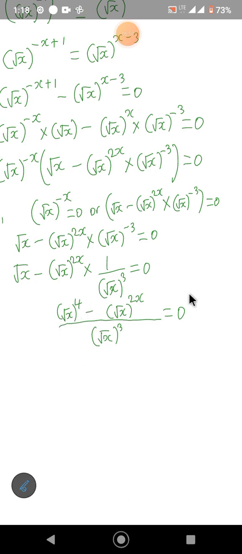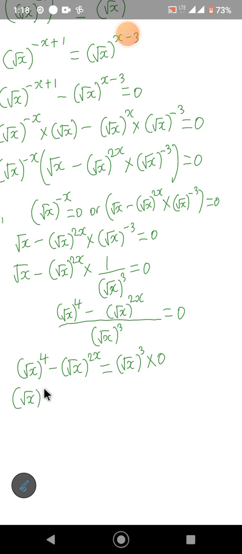Then from here now I'm going to cross multiply. So here will become root x raised to the power of 4 minus root x raised to the power 2x equal to root x raised to the power 3 times 0, which is also 0. So here will now be root x raised to the power 4 minus root x raised to the power of 2x equal to 0.